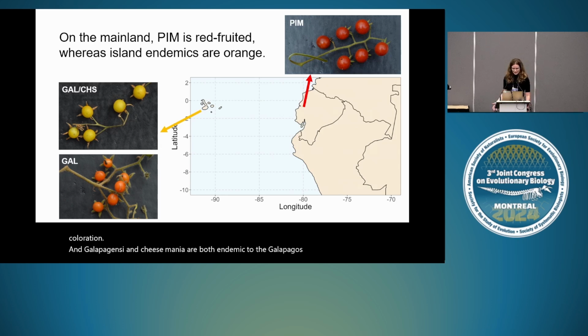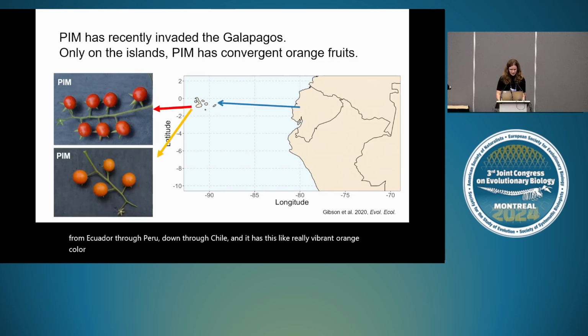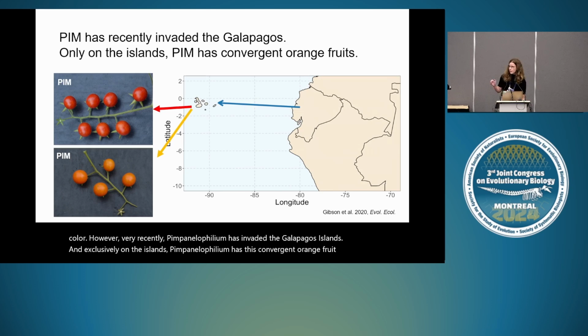As you can see in these images, they have really bright orange colors that range from a yellowy orange to a deeper orange. On the mainland, pimpinellifolium is distributed from Ecuador through Peru down through Chile, and it has a really vibrant red color. However, very recently, pimpinellifolium has invaded the Galapagos Islands, and exclusively on the islands, pimpinellifolium has this convergent orange fruit color. Both of these images are taken from the same population.